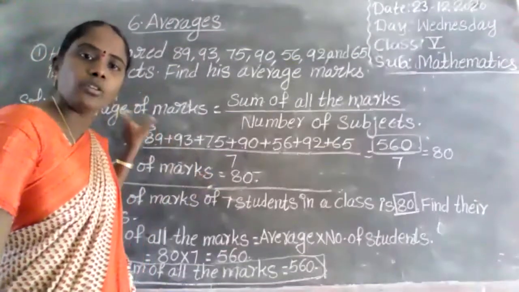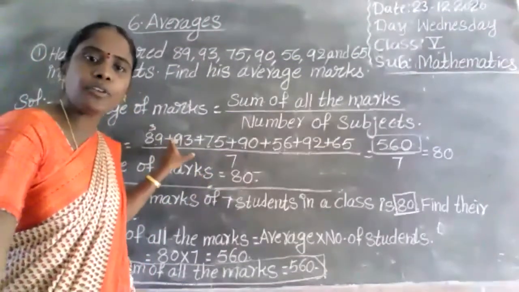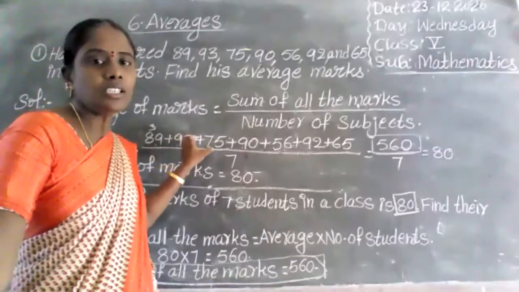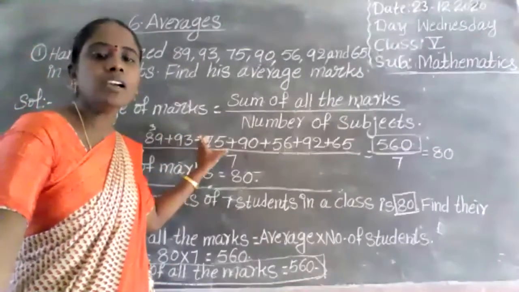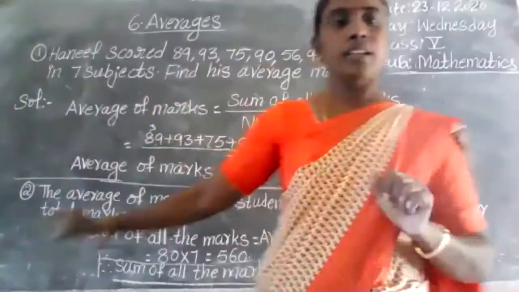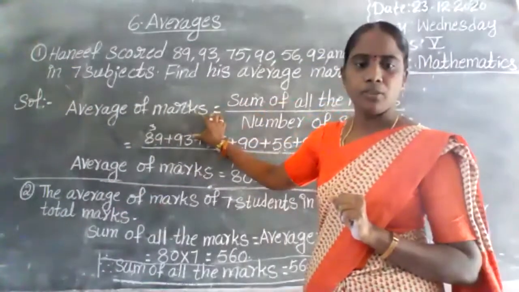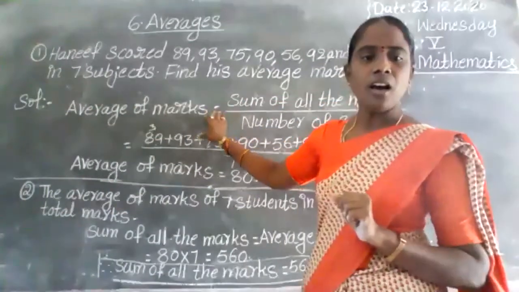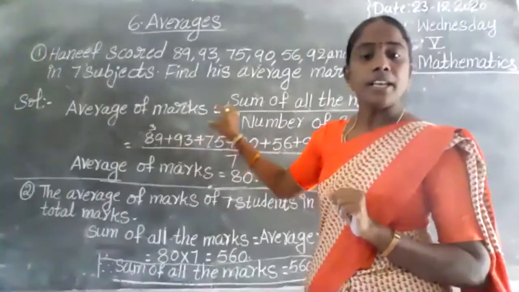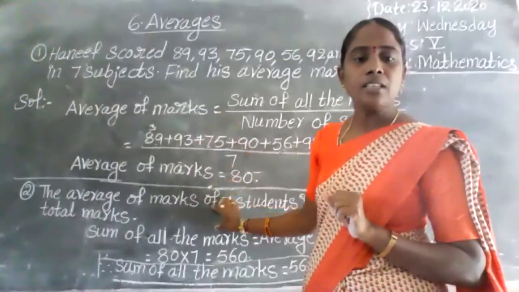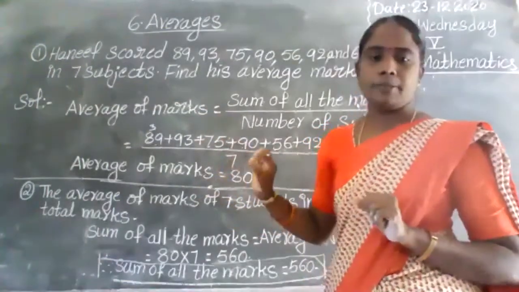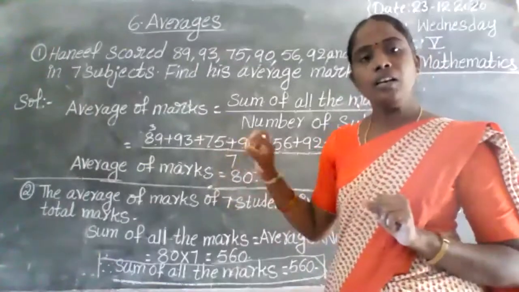First, how to find out average? How to find out sum of the quantities? Here two principles are there. First one is how to find out average. Second is sum of all the quantities, how to find out sum of all the quantities.